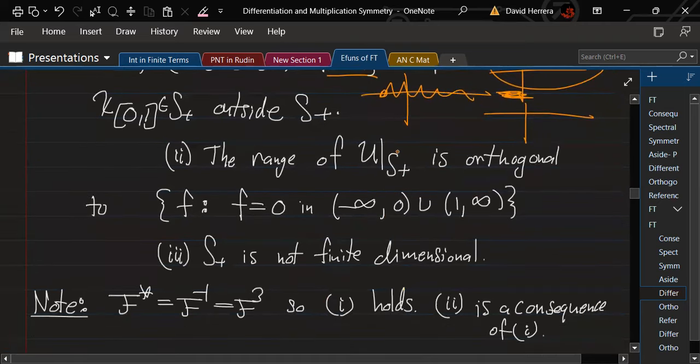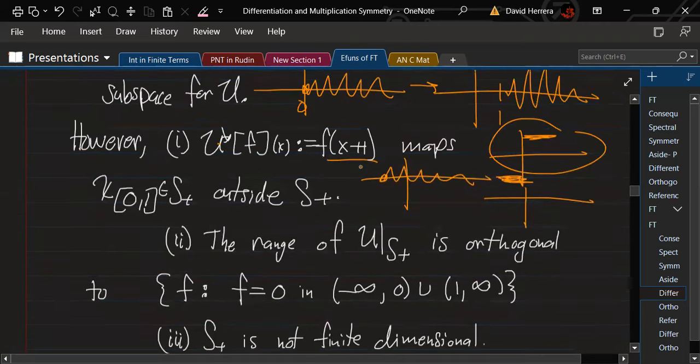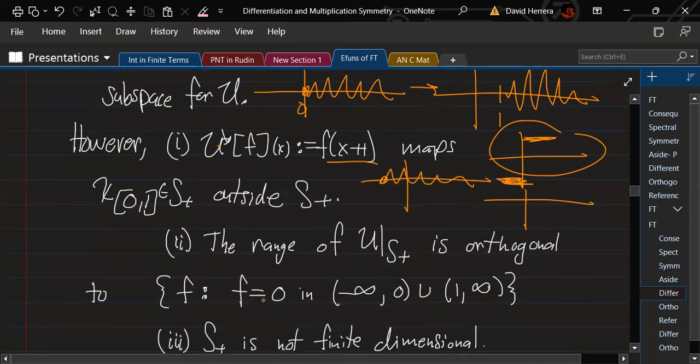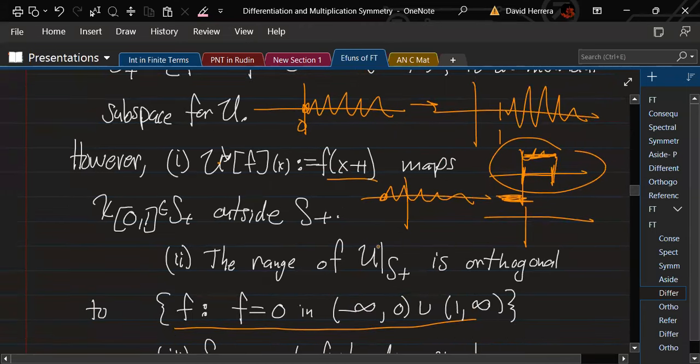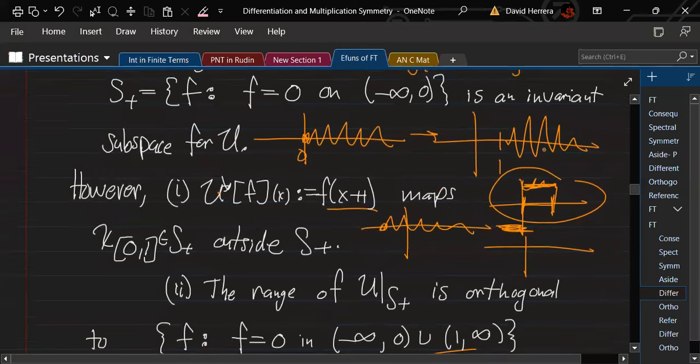So basically it's not going to be onto, it doesn't have full range. Another way of saying that is that the functions that are supported on this interval from 0 to 1 belong to S plus. However, the range of this operator is orthogonal to that. You could check that if you want, but it's basically the ideas that I just said.